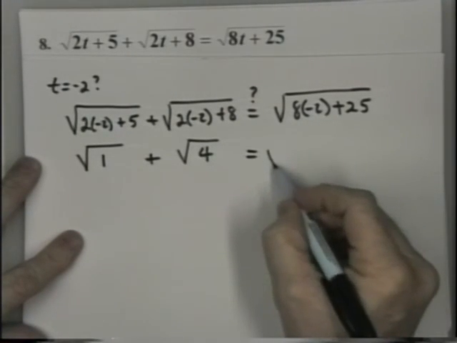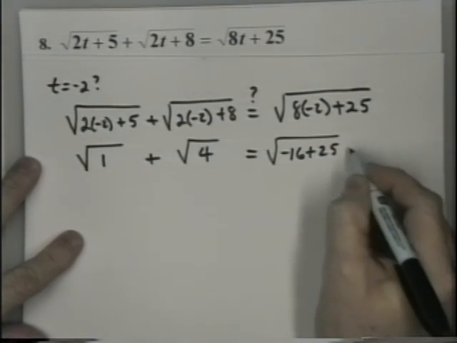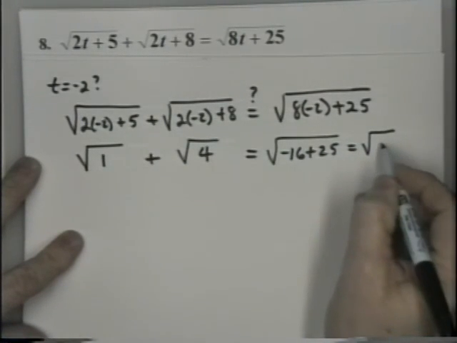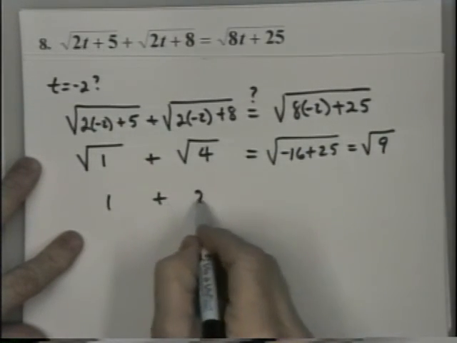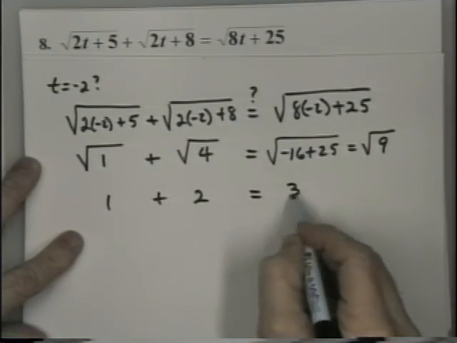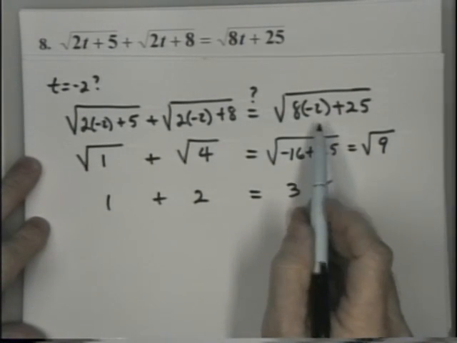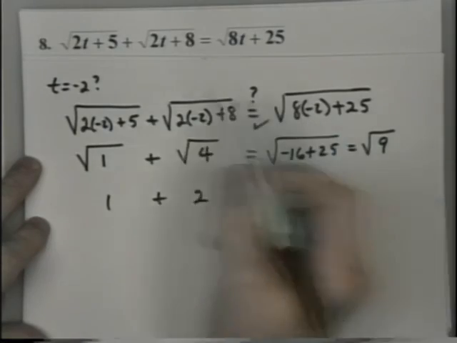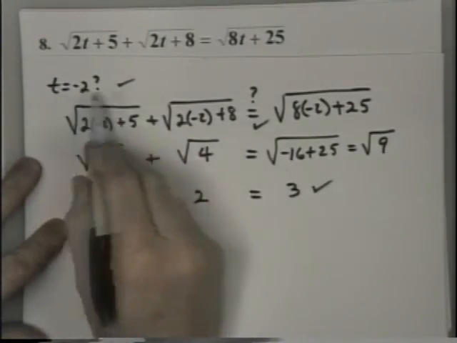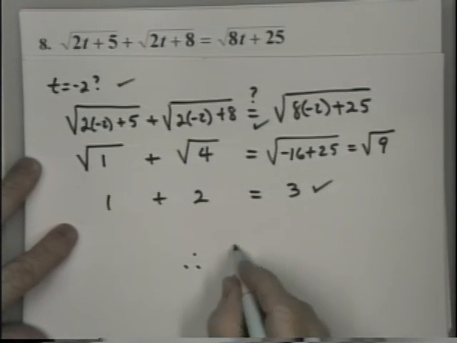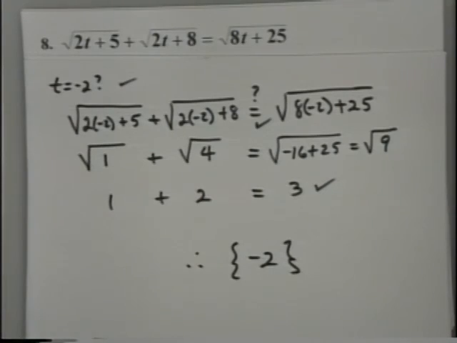And over here, you've got negative 16 plus 25, or the square root of 9. 1 plus 2 equals 3. You bet. And so this must be a true statement, which means this is in our solution, and that's the only thing in our solution, so therefore our solution set is negative 2.